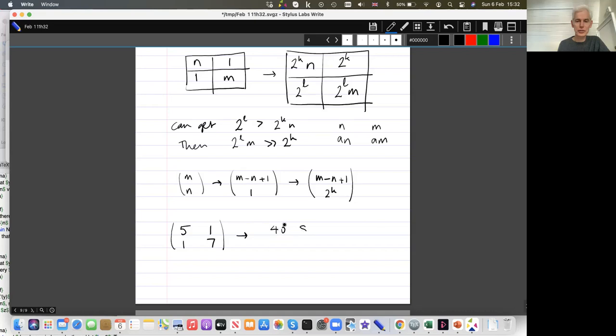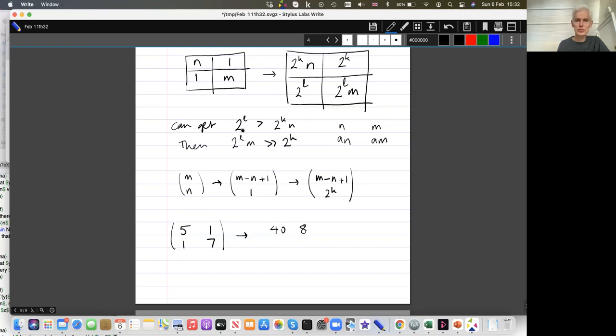A bit more than that. No, I'll stick with that. 48. No, I need more. I'll multiply that one by, what did I, so let me just check what I wanted to do.